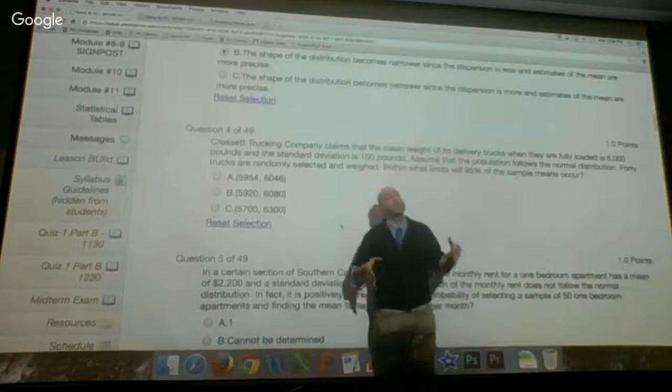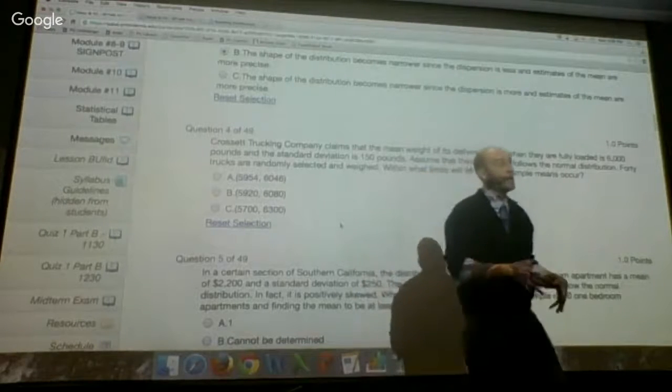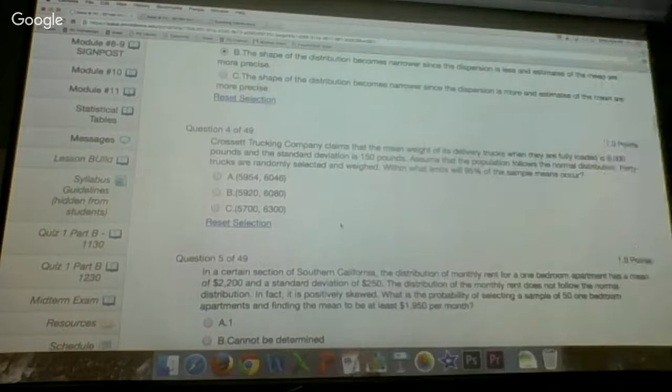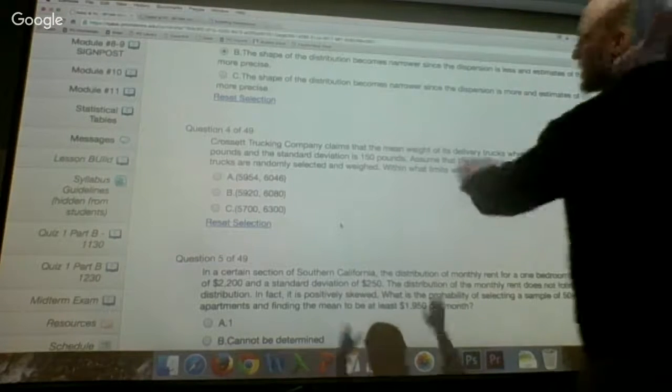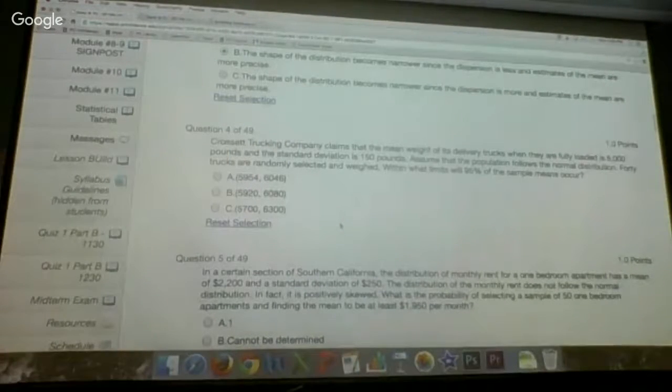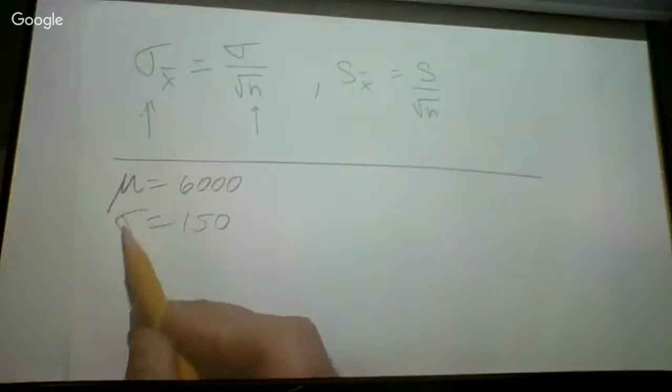The first statement says that this trucking company makes this claim. And if the trucking company makes the claim, then it is said to be true. Until you observe it yourself and say, I went out and took a sample and observed this, that's when you go ahead and use your sample means. Otherwise, if they're just telling you that the mean is 6,000 and the standard deviation is 150, you put them as population values.